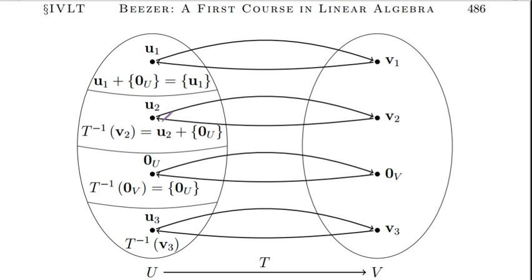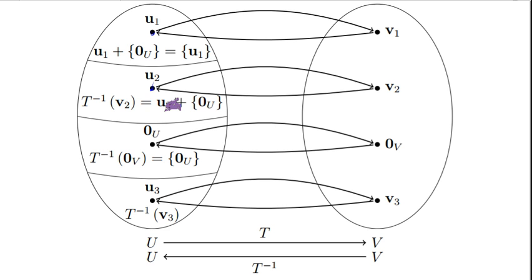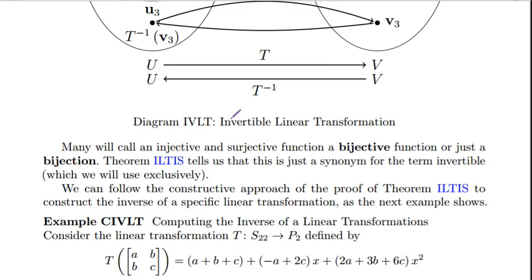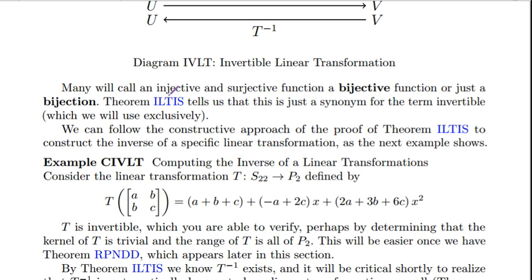I can define a reverse arrow that goes uniquely to U2. These slices actually consist of a single vector. All of these inverse images are single vectors. So I can define a well-defined function backwards. So injective and surjective is called bijective or invertible. And bijective is the same as invertible.